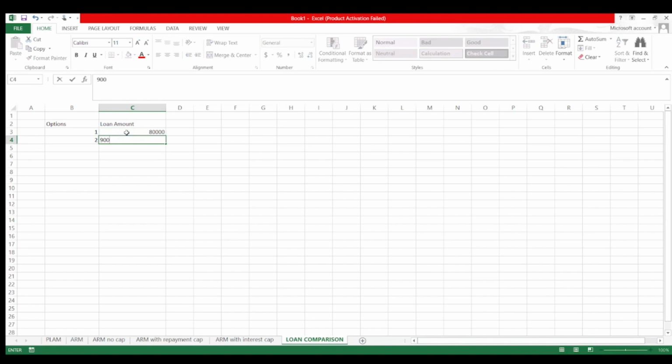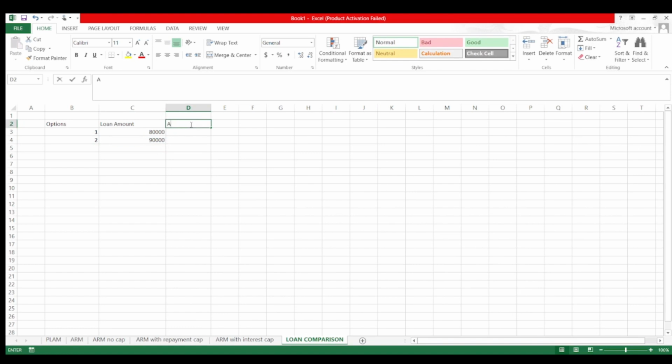The second option is 90,000. Now the annual rate for the first case was 12%, or let's write it as 0.12.